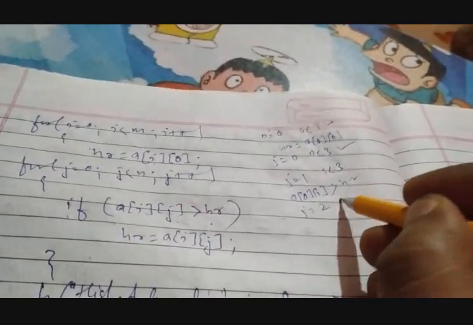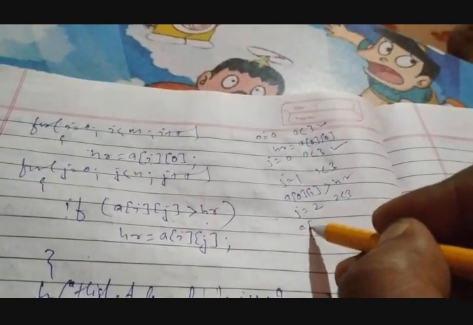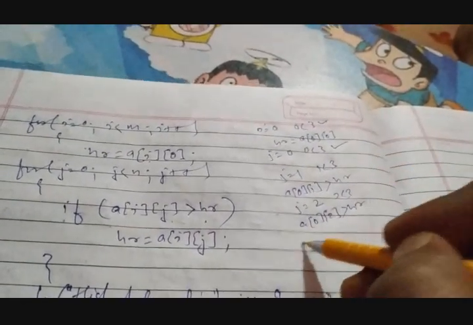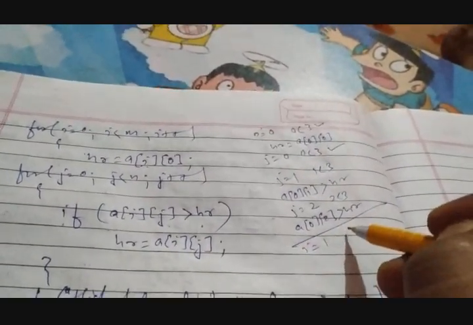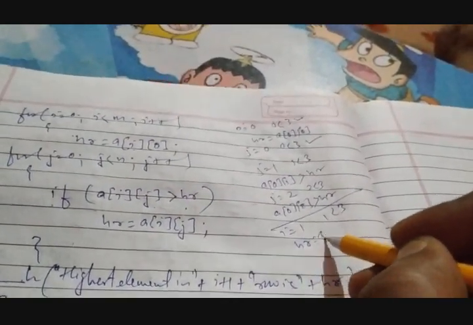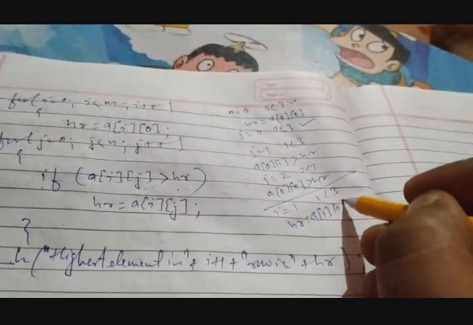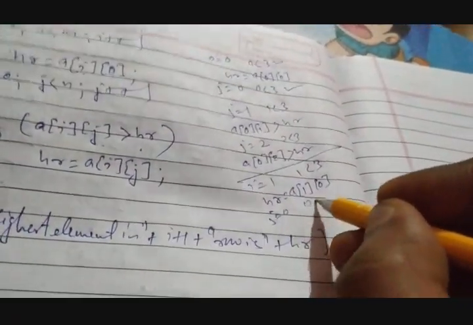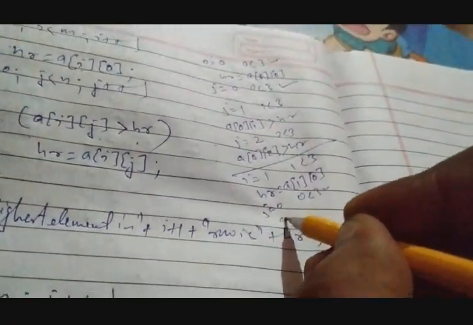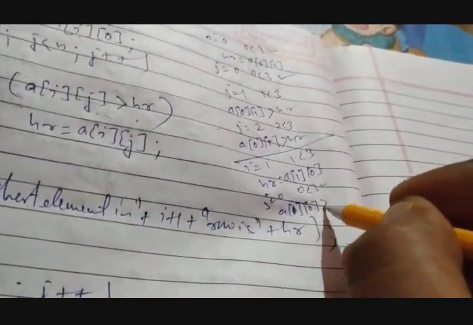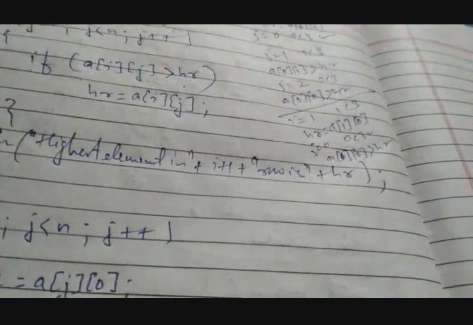Then again j changes to 2, 2 less than 3. So A of 0 2 greater than HR. Then after this i changes to 1, 1 is less than 3. Now HR changes to A of 1 0. Again j starts with 0 only. So 0 and 0 less than 3. So now A of 1 0 is greater than HR, and likewise it continues.